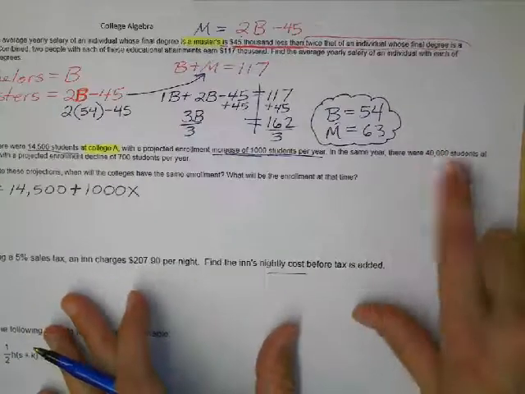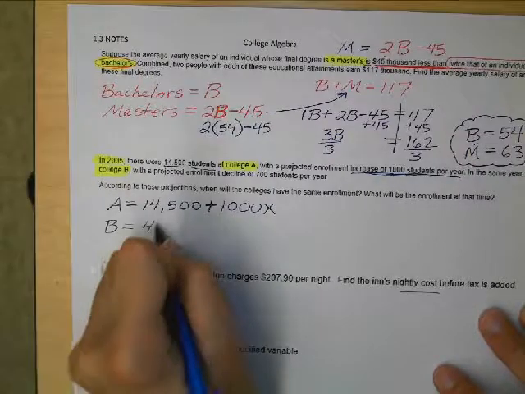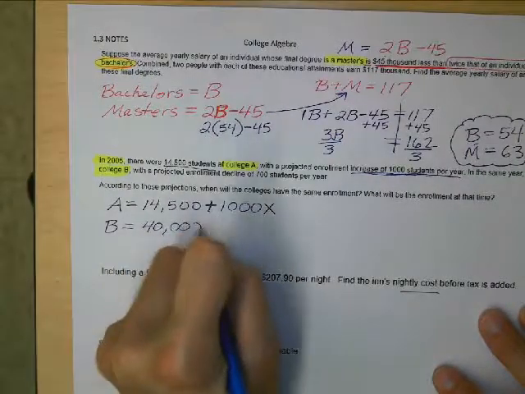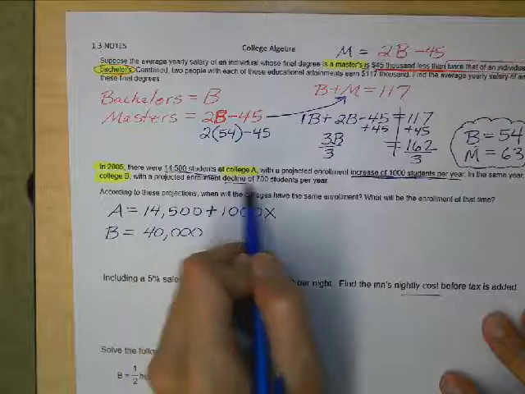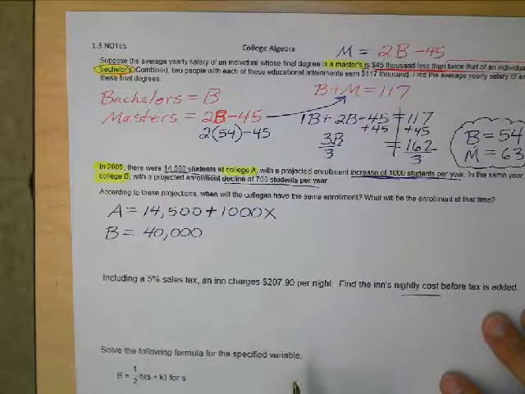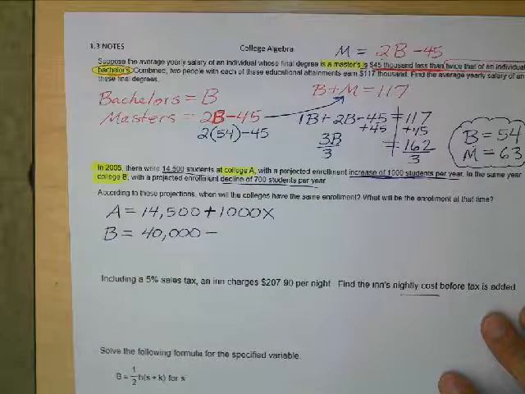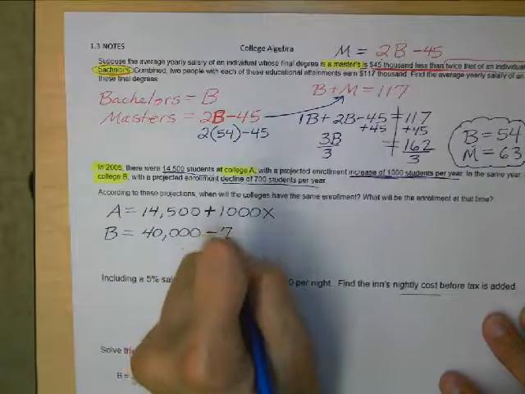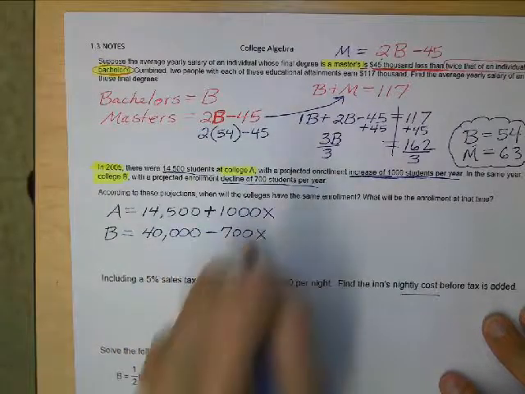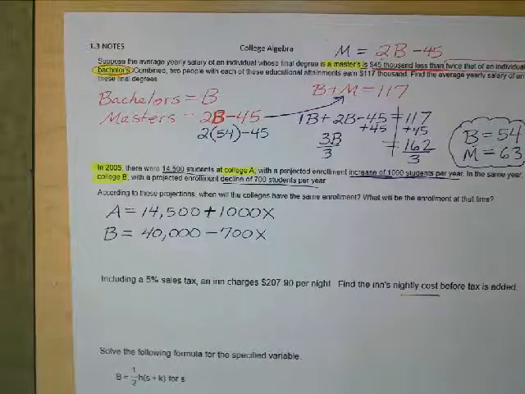It says that college has 40,000 students. At College B, 40,000 it starts with, but this one says it's going to decline. So decline, go down, minus what? 700x.